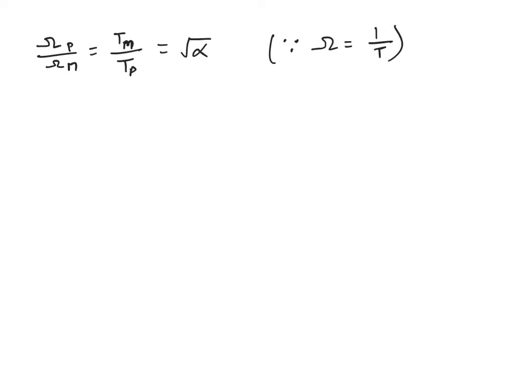So omega of prototype to omega of model ratio would be equal to time of model to time of prototype, which is equal to square root of alpha, since omega is equal to 1 by T. Omega is revolutions per minute actually.